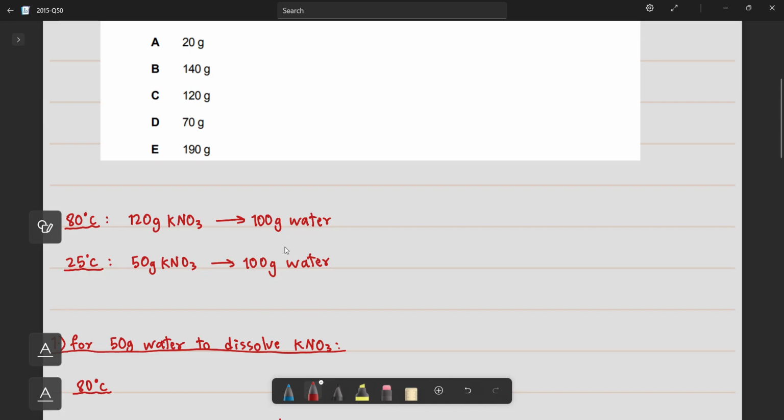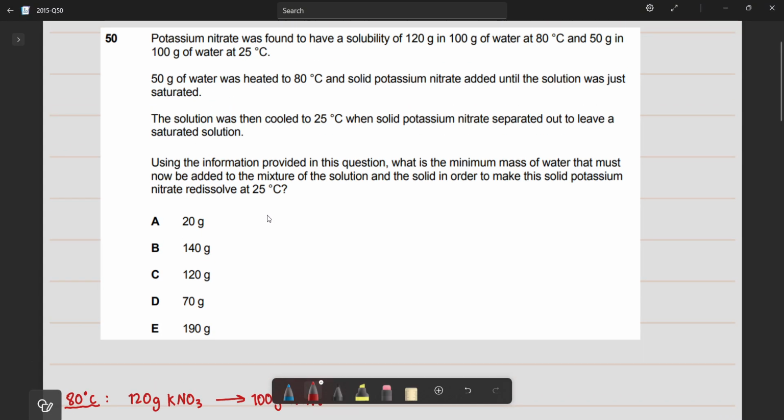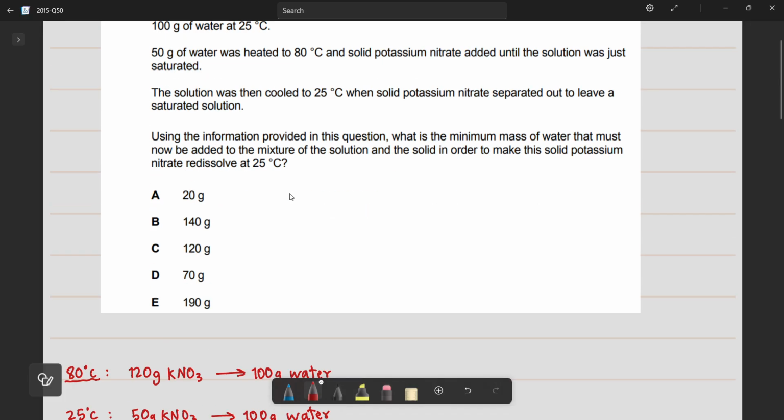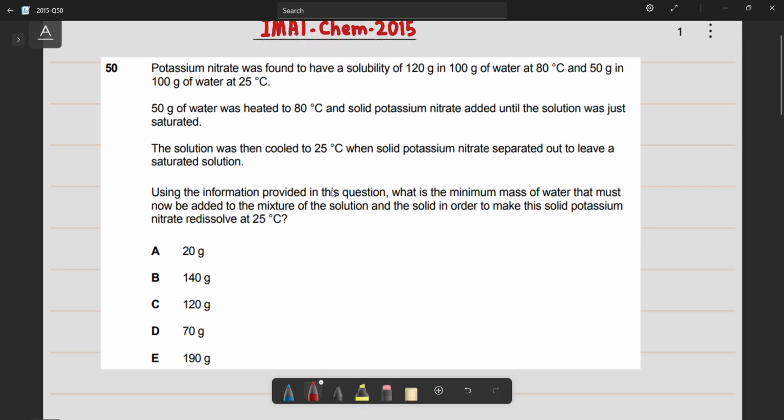At the same given amount of water, the amount of potassium nitrate dissolved varies across different temperatures. An increase in temperature will have more solute dissolved in solvent, thereby forming a more concentrated solution. So what we can easily identify is that the solution is going to be more dilute, as less solute will be able to dissolve at the lower temperature.